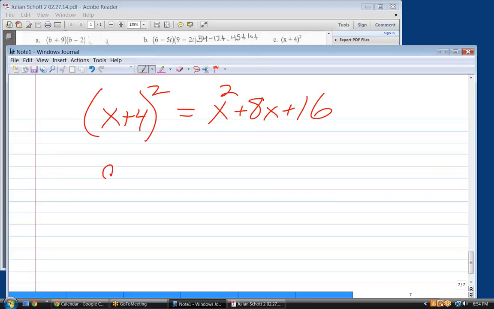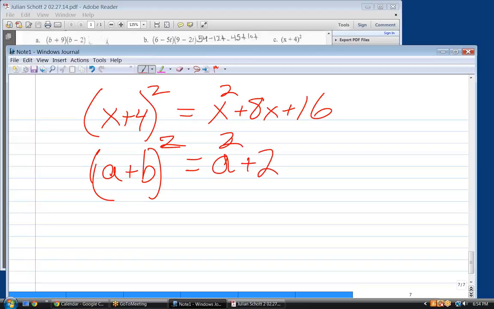Let's talk about this. This is going to come up so often that it's worth memorizing as opposed to always having to FOIL it. A plus b quantity squared is always a squared plus 2ab plus b squared.